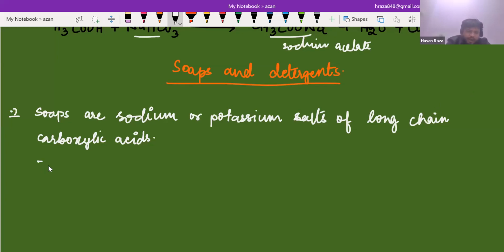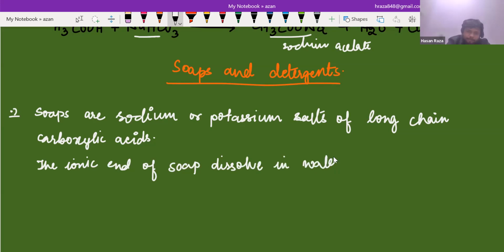and I'll show you which part is ionic and which is covalent. The ionic end of soap dissolves in water.